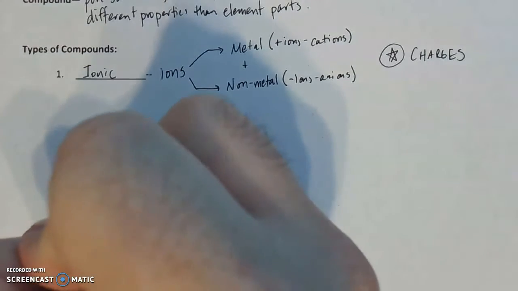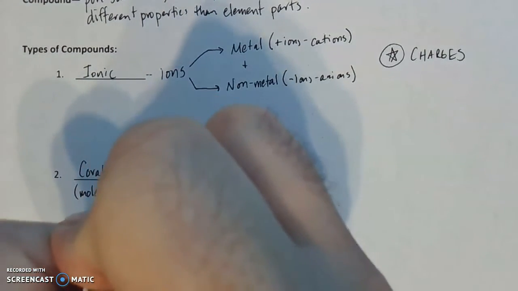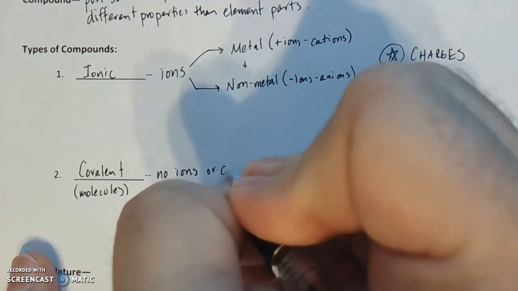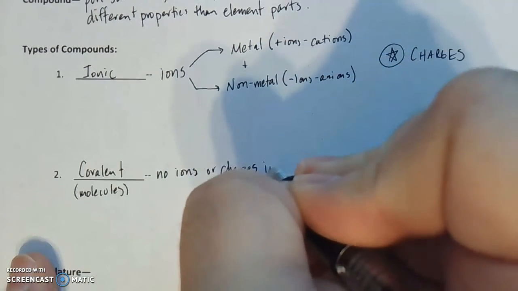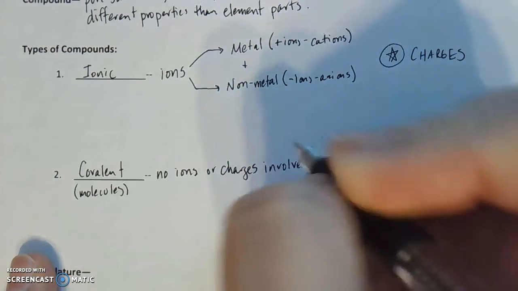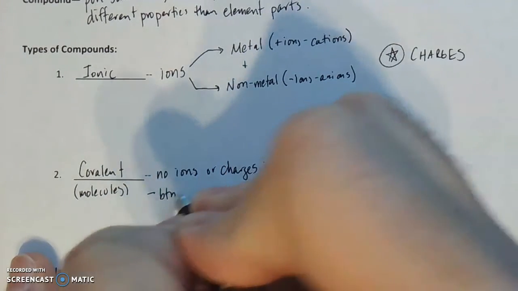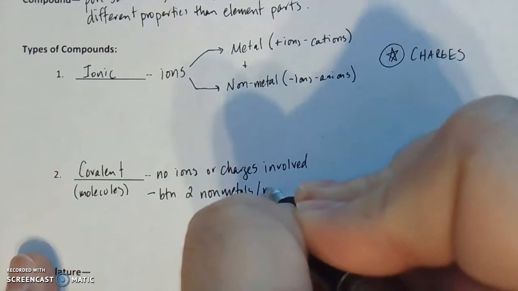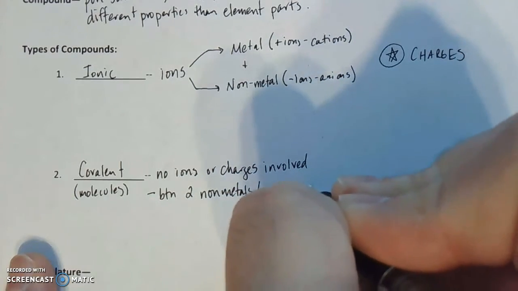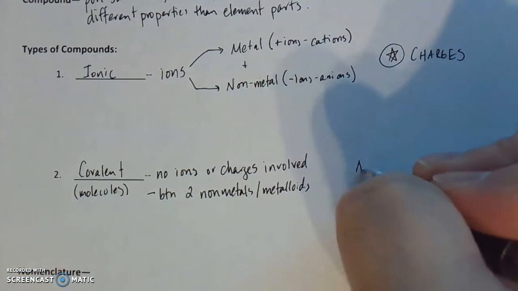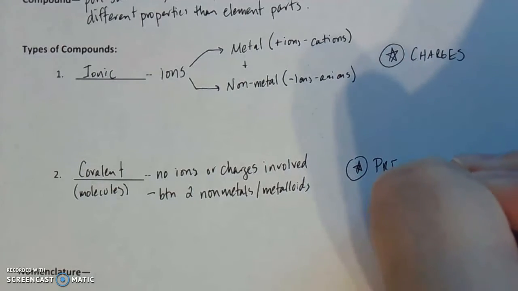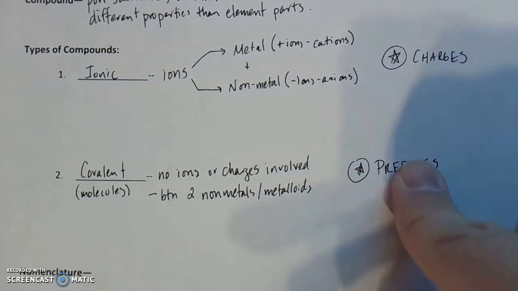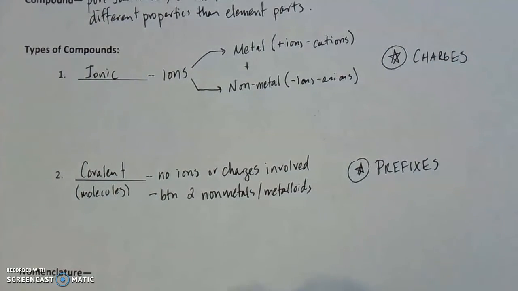Covalent compounds, also called molecules, no ions or charges involved. And these are between two nonmetals or metalloids. So we can have one metalloid, we could have two metalloids. And the word that we are looking for here is prefixes. So these are going to be the clues that we use when we talk about nomenclature.